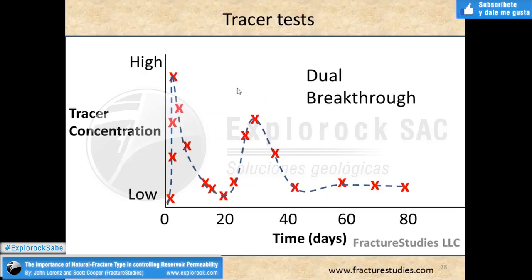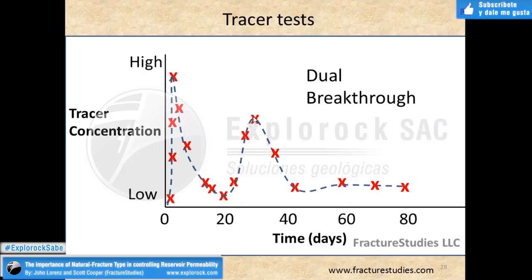Now we can complicate these systems, and I'm going to show an outcrop here of extension fractures. In this case, we have two sets of extension fractures that are slightly oblique to each other.